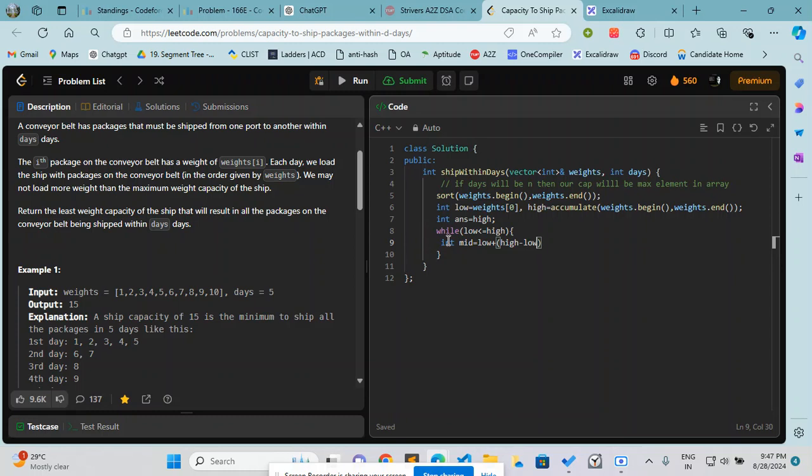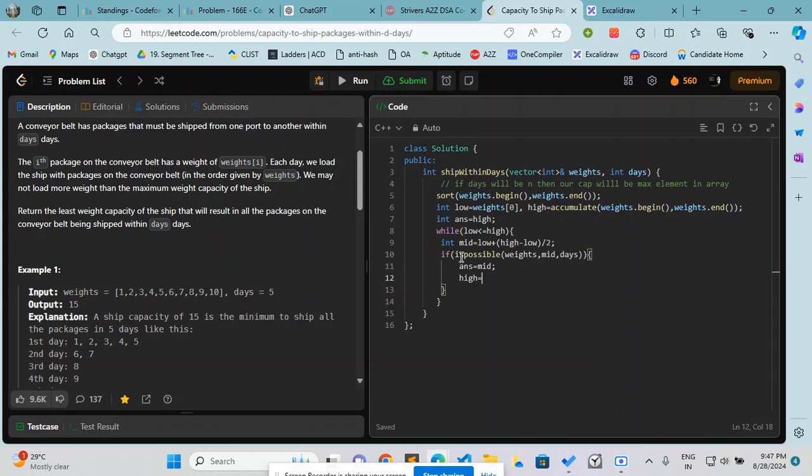Let's find mid of high and low. I am using low plus high minus low divided by 2 to avoid integer overflow. If it is possible, meaning we can ship this much, then our answer will be mid, and we have to minimize the capacity.